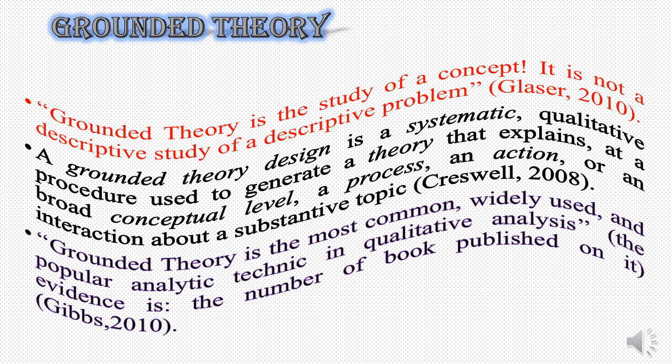John Creswell. But this definition goes very deep. Just look at it. You are going to explain various concepts and constructs regarding a particular phenomenon at a broad conceptual level, and you wish to see what sort of process this is, what the actions and interactions of that substantive topic are.